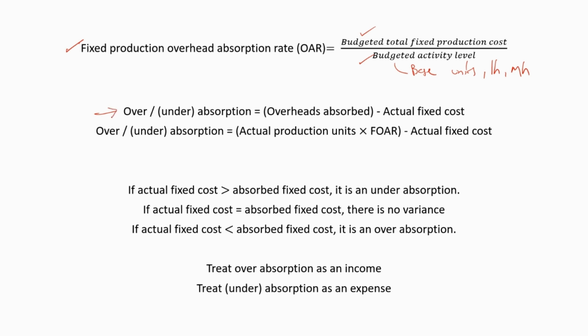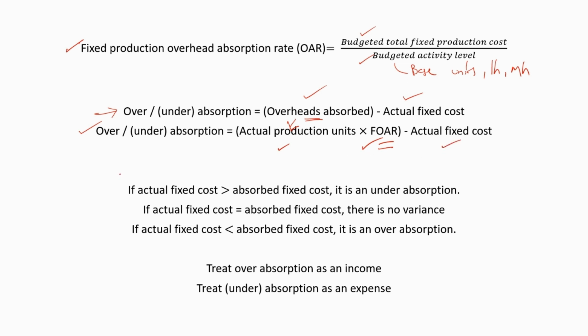This is the formula we can use to calculate the over or under absorption, which is equal to overheads absorbed minus the actual fixed cost. We can calculate the overheads absorbed amount by multiplying the actual production units by the FOAR. So the final formula is: over or under absorption equals actual production units multiplied by the FOAR, then deduct the actual fixed cost.